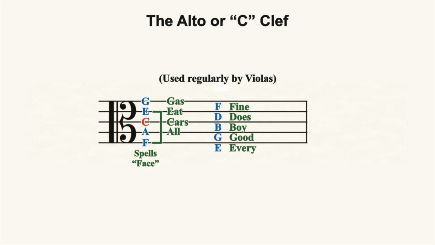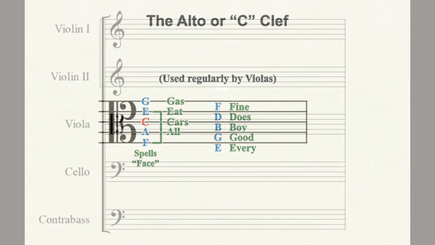And from the second line up, the lines of the alto clef give us the phrase, All Cars Eat Gas, as do the spaces of the bass clef. The spaces of the alto clef, if we include the space just below the bottom line, give us the phrase, Every Good Boy Does Fine, as do the lines of the treble clef.